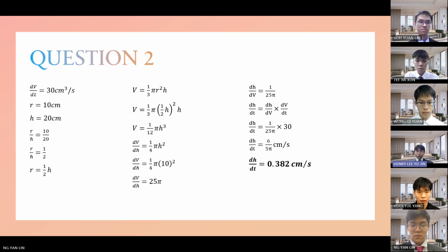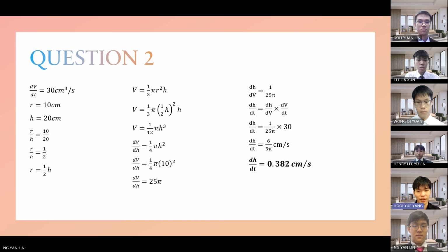The rate at which the water level is rising when the water is 10 centimeters deep means how fast the water level, or height, in the tank is rising as water is added until 10 centimeters. So the question asks for dh over dt, the rate of change of the height with respect to time, or simply the rate at which the height is increasing over time.